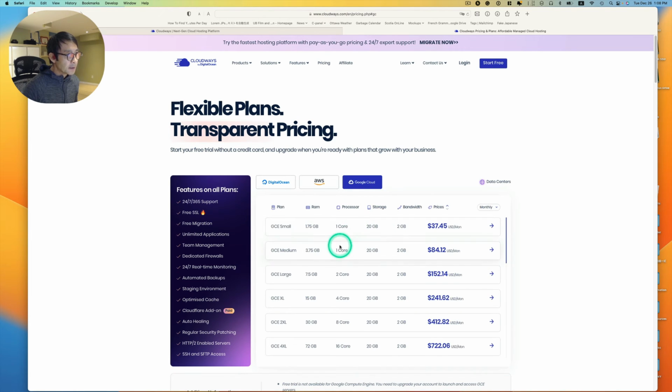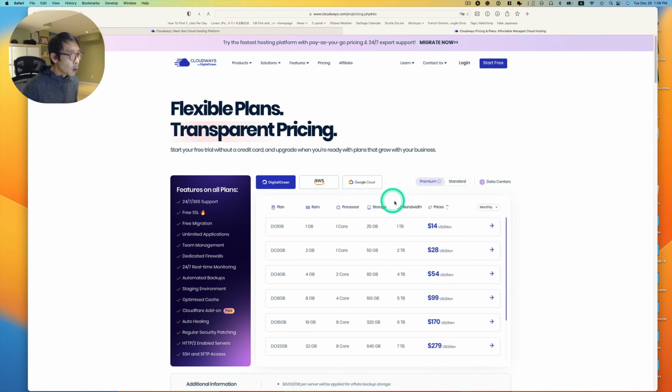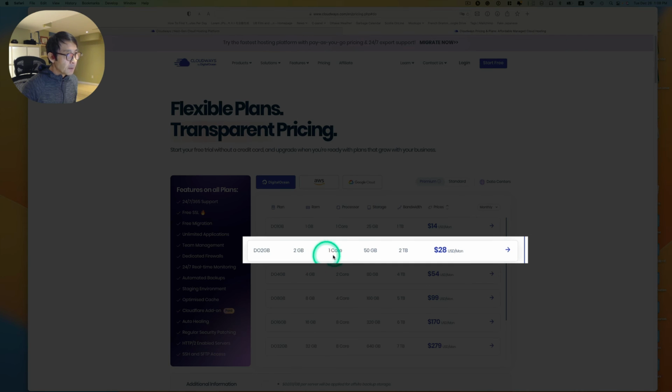So DigitalOcean is the most price-effective package. Here is the 2 gigabytes RAM, 50 gigabytes disk, and 2 terabytes bandwidth. It's $28 per month US. So this is what I have, and it's still running great.